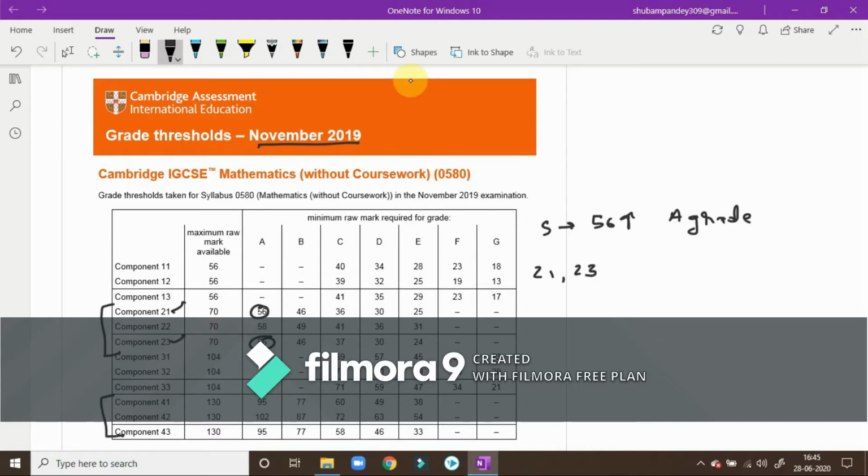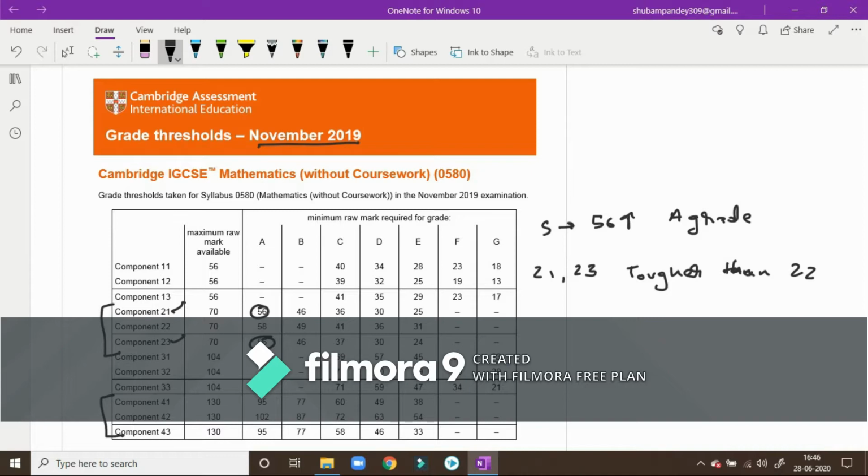So what does this tell us? You score fewer marks and you get a better grade. This means that 21 and 23 were relatively tougher than 22. So what are these GTs used for? One thing is, if you have less time, like you have just one month for your exams, and you want to see, for a particular year and a particular series of exam like summer or winter, you want to solve only the toughest paper.